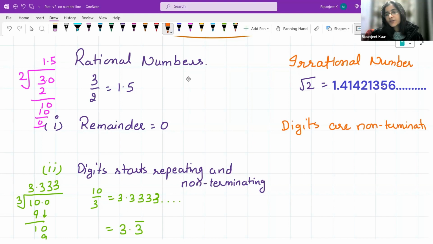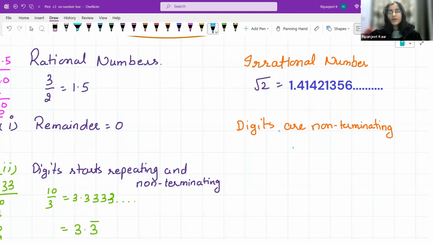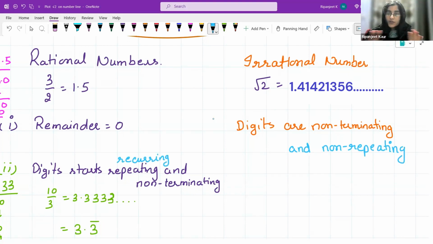So what is the last one? The digits are not just non-terminating, but they are also non-repeating. They are also not repeating. They are not even terminating and not even repeating or recurring. Then we call it an irrational number.